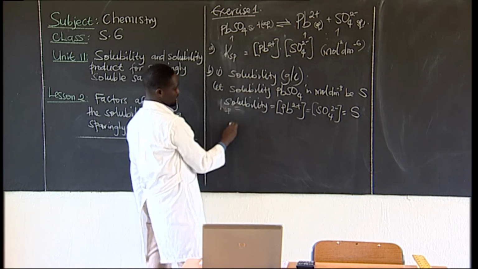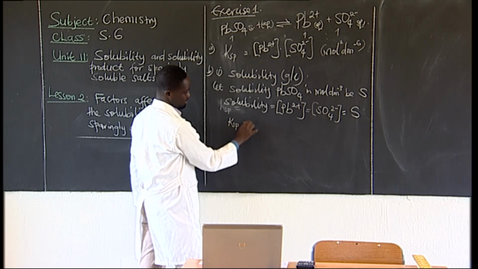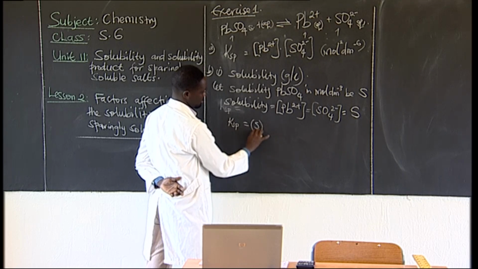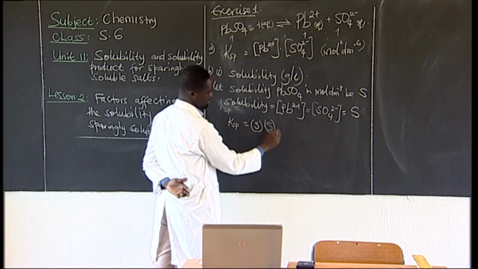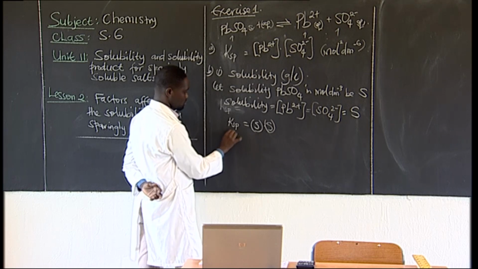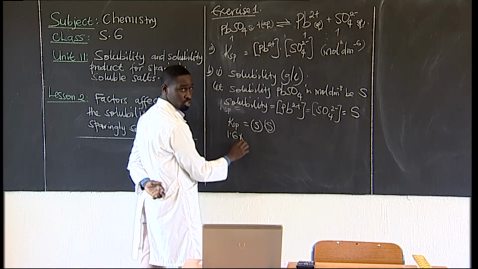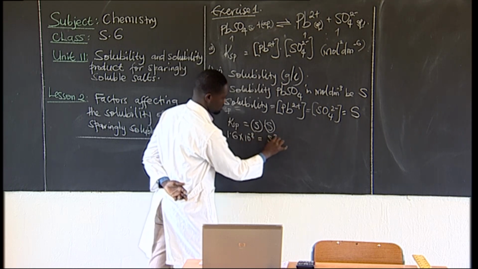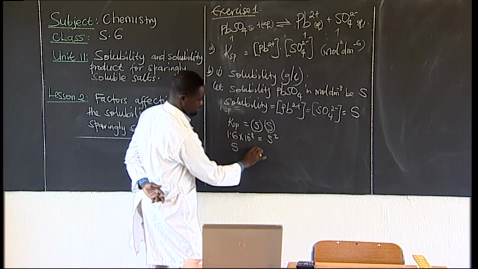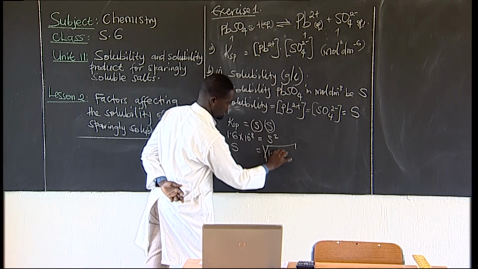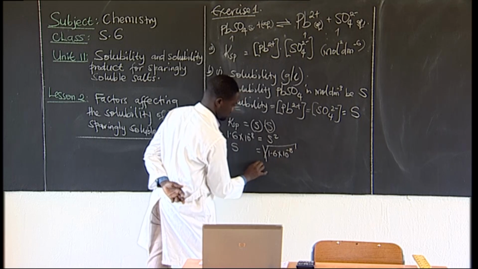Let's substitute it in our KSP, which would be S times S. And this KSP has been given to us as 1.6 times 10 power negative 8, which is equal to S squared, indicating S will be the root of 1.6 times 10 to the negative 8.